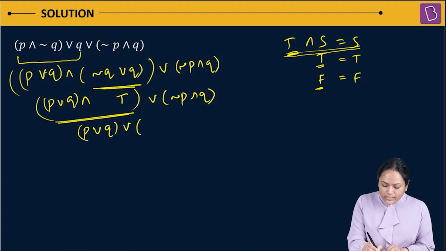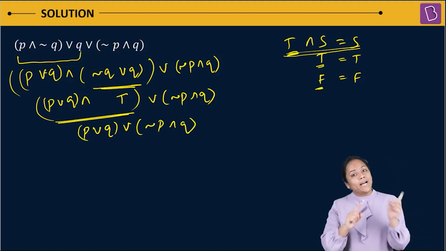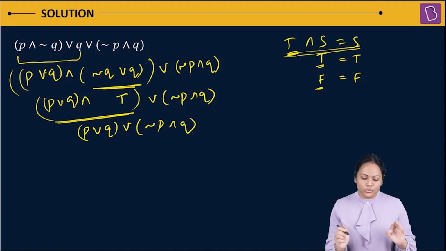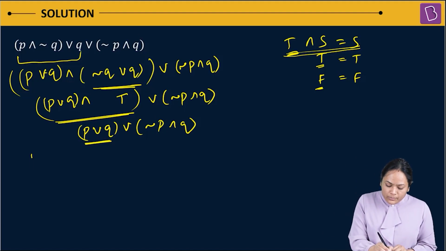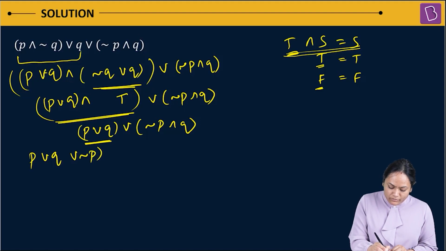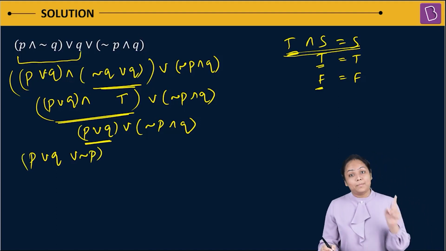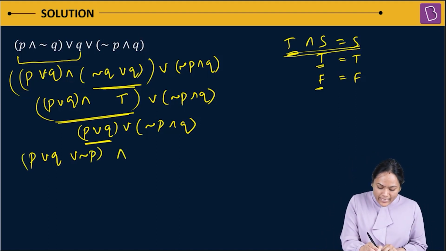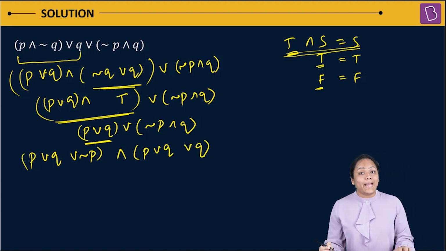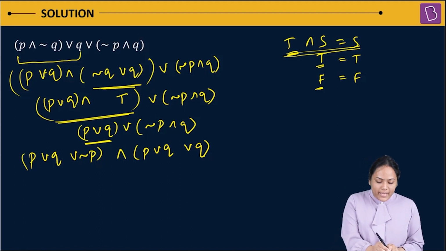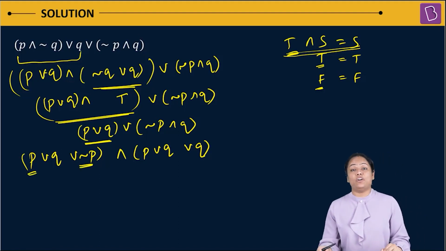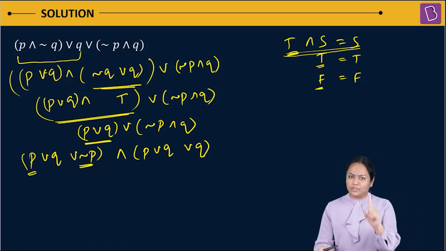Then I have or with negation P and Q. Now again, I'm trying to use the distributive law. So my first term will become (P or Q or negation of P), while my second part is going to become and (P or Q or Q). Right? So coming to the first term, I have P or negation of P. P or negation of P is true.